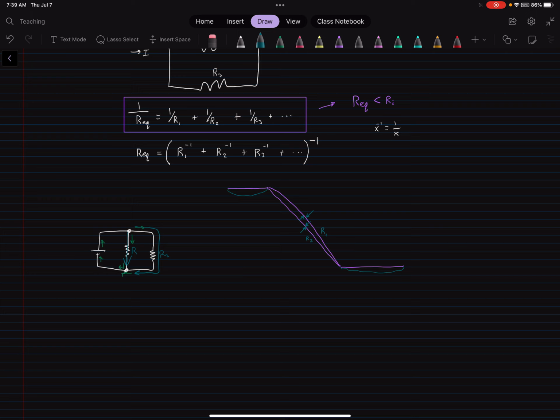Really should have switched those. But we've added more ability for water to get downhill is the point. Even though that new pathway has some associated resistance. So in that sense, you're adding resistance to the circuit. The more important thing to focus on is you're adding a whole new pathway for water to get downhill, right?